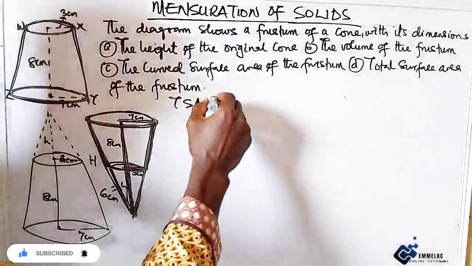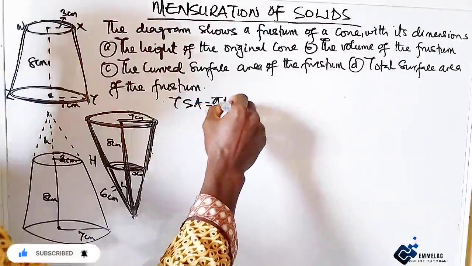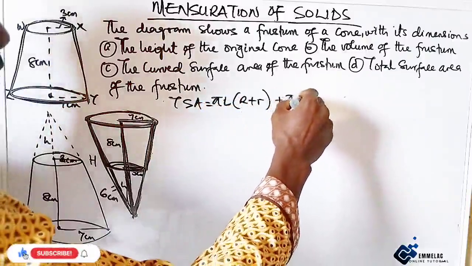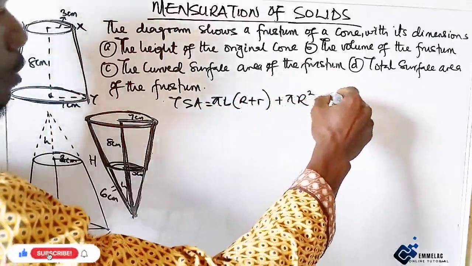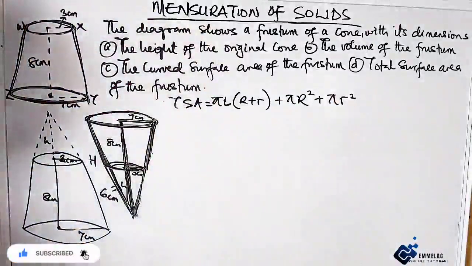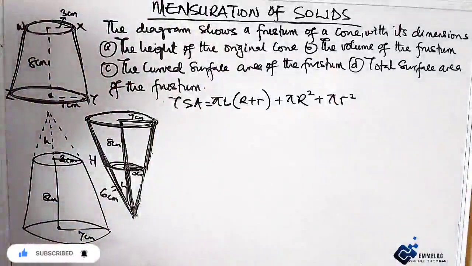So here we have pi times big R plus small r, then plus pi big R square plus pi small r square. That's the total surface area of the frustum.